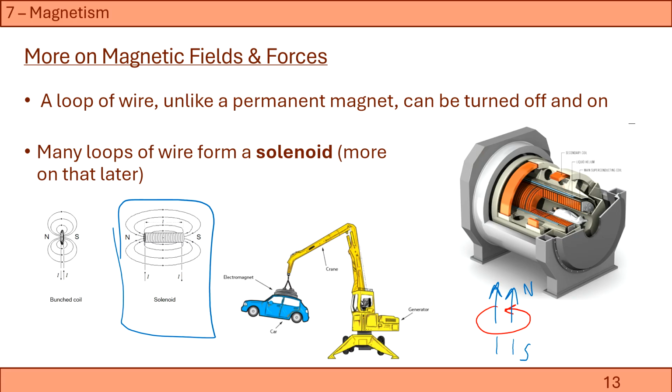We can get much more powerful magnets using a current than we can with permanent magnets like the iron bar magnets. Those are called permanent magnets because they don't need any current or charge flowing. They have quantum mechanics that makes them work.